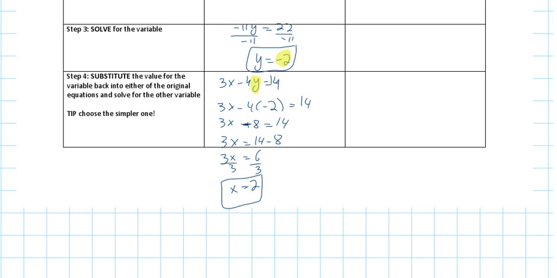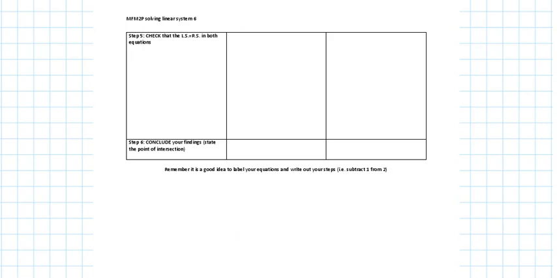Can I go to the next page? So, you guys have to remind me, what were my equations? 3x minus 4y equals 14.